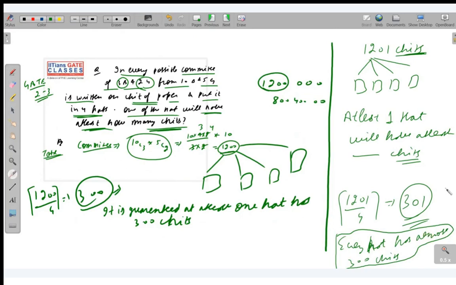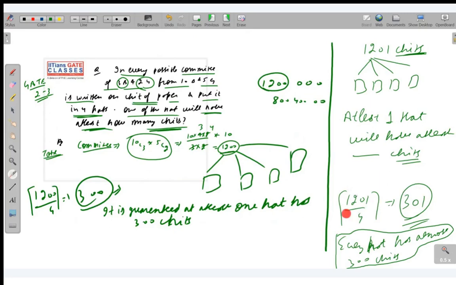What about the last chit, the 1201st? You have to put it in one of the heads, so immediately you will get 301 chits in one of the heads. That's why we are applying the ceiling function.